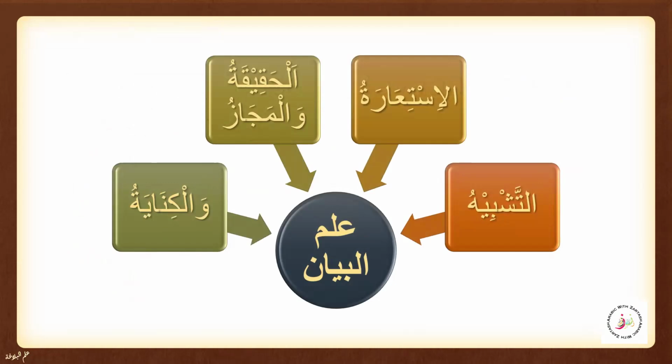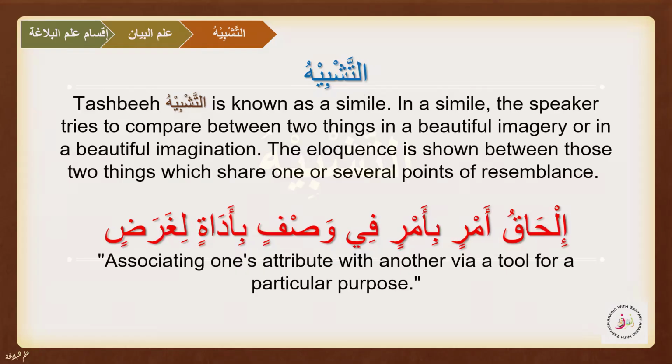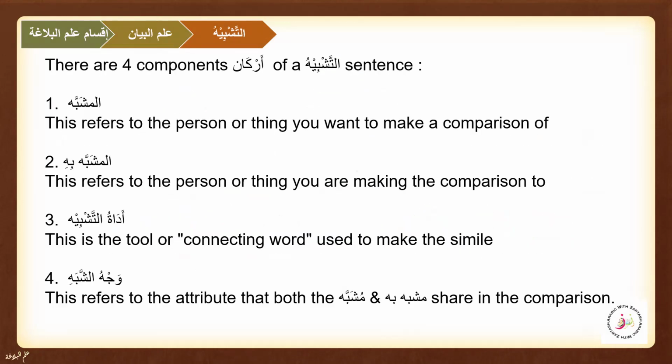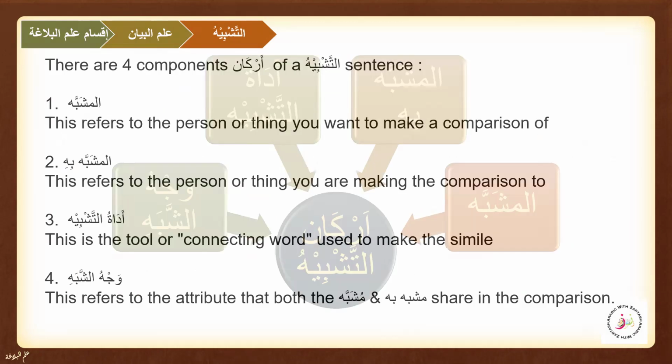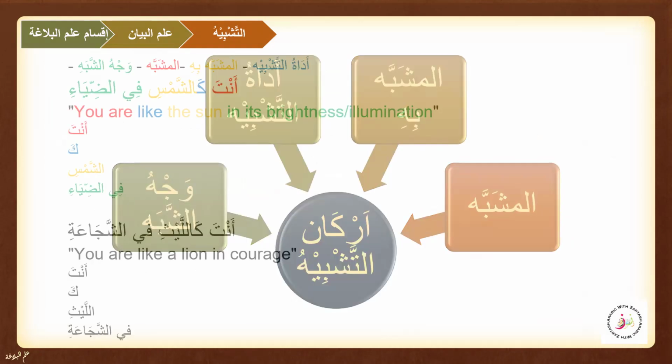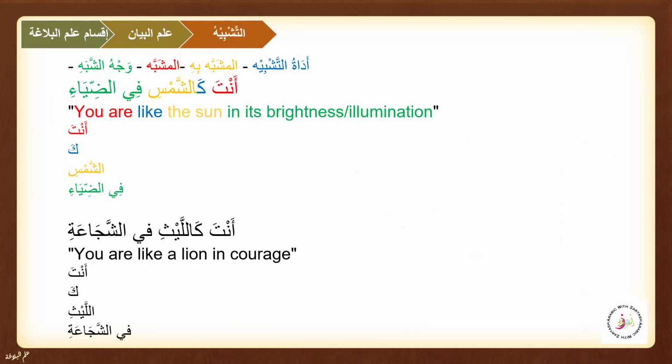As we started with Tashbih, we learned about its main components. We started with the Tarif, then we learned about the Arkan: Mushabba Bihi, Adatu Tashbih, Wajh Shabah. We learned about these components by doing a few examples.